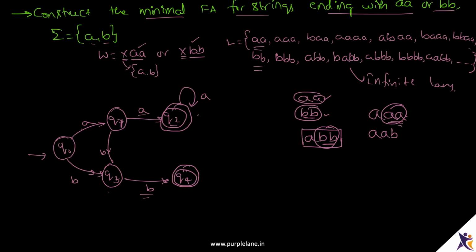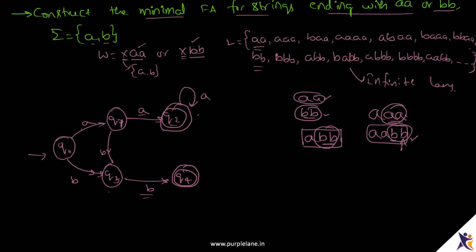The machine thinks that this string might be ending with BB and it tries to go to that particular state from where it can see one more B and accept this string if this is ending with BB.